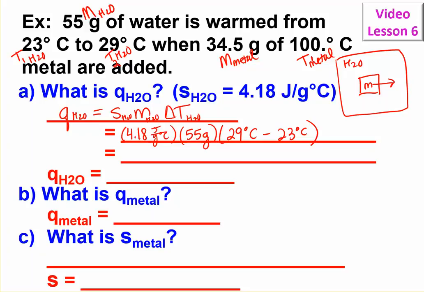The degree C will cancel, the grams will cancel, and we will be left with joules.